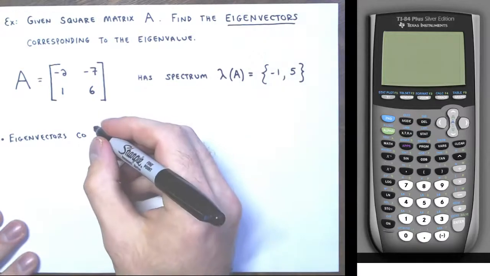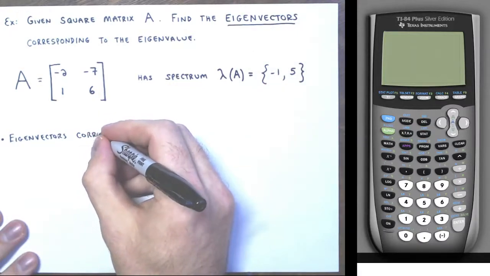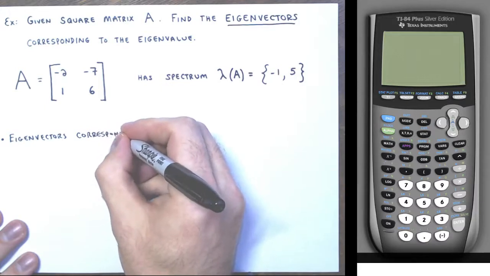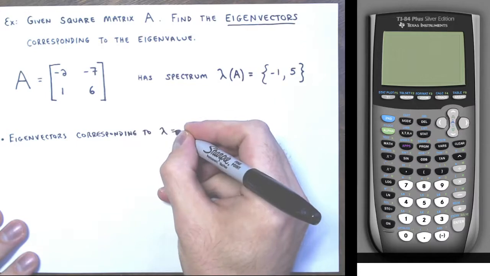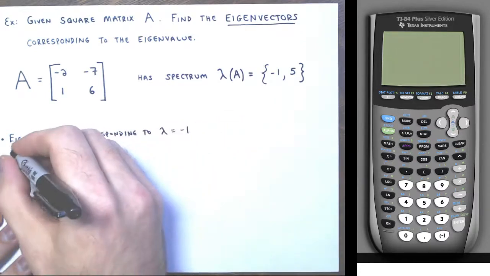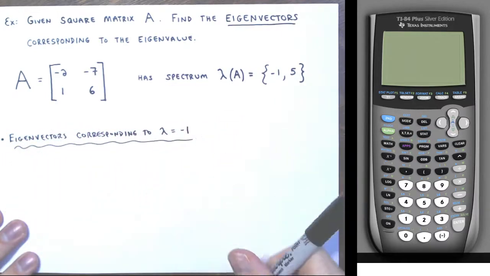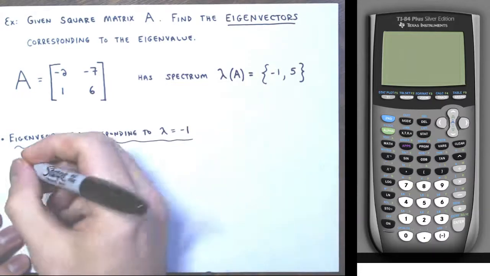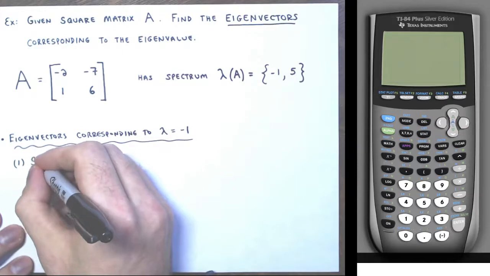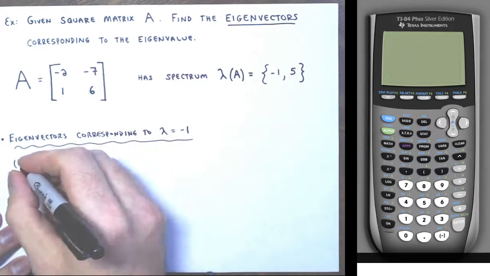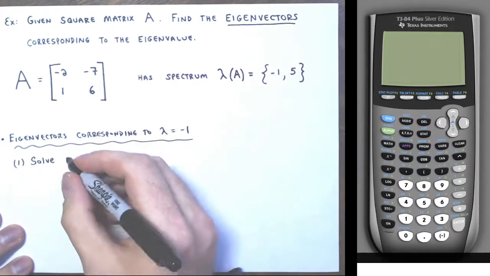So find the eigenvectors corresponding to lambda equals -1. Alright, in order to do this, we're going to be solving, well, I don't know why I put step 1 there. This is the only thing you're doing.